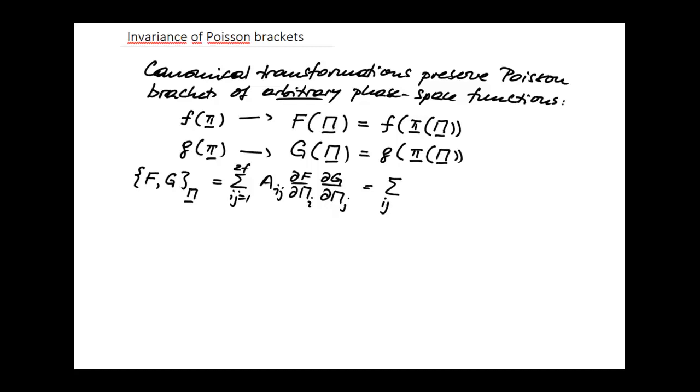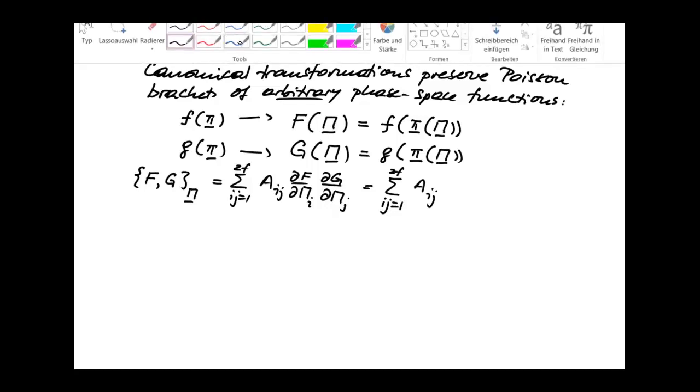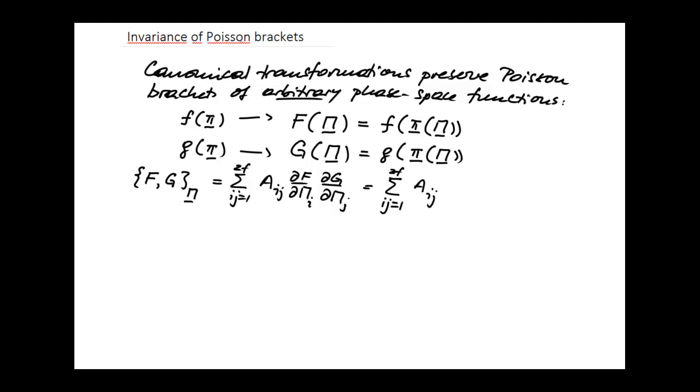Let me start out here in the same way. Sum over ij from 1 to 2f, aij, and then instead of the partial of f with respect to capital pi I, we write that as the partial of little f with respect to little pi k, times the partial of little pi k with respect to capital pi I, sum over all k.